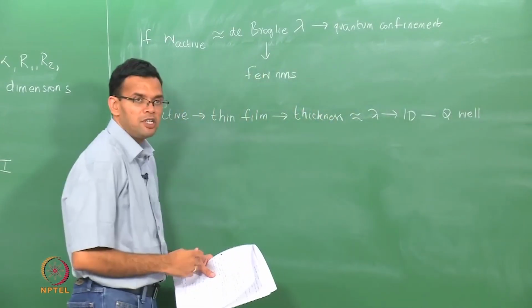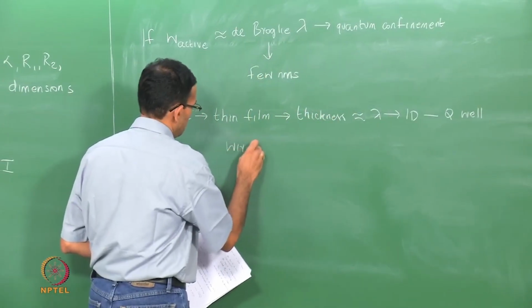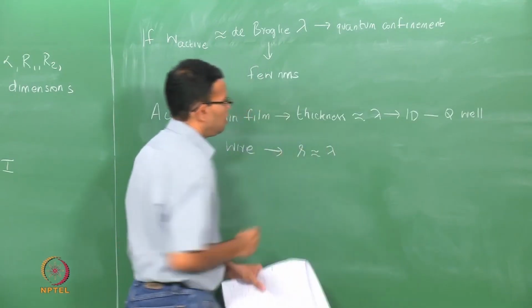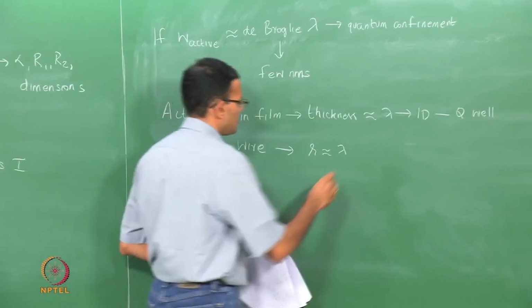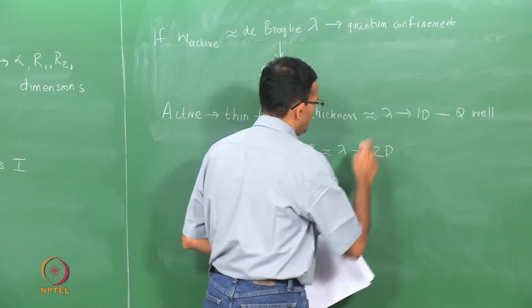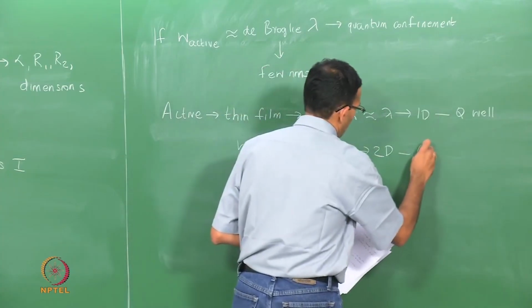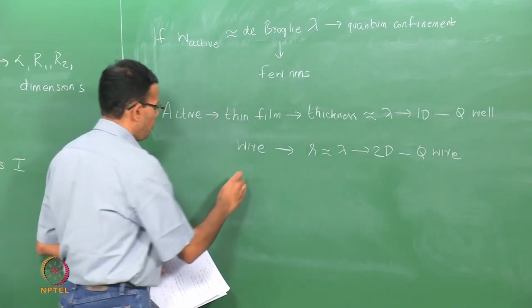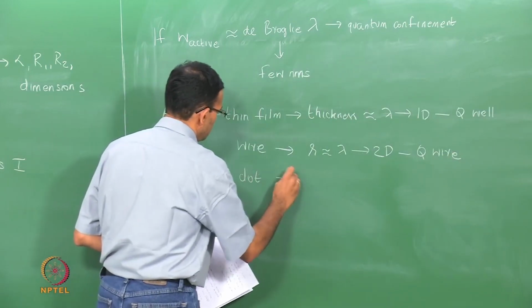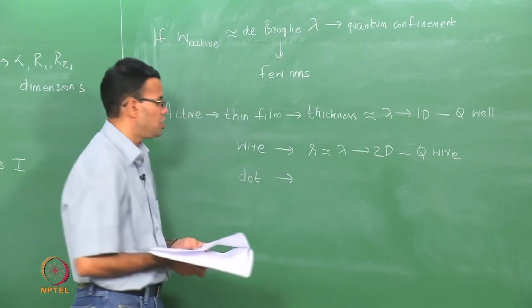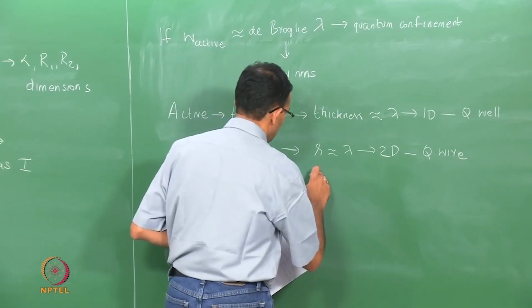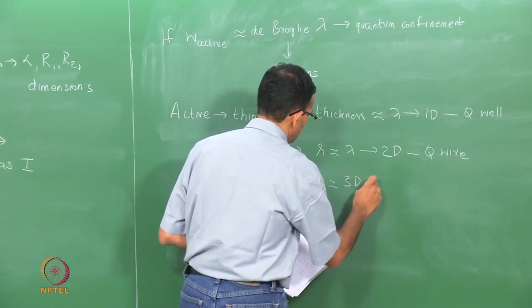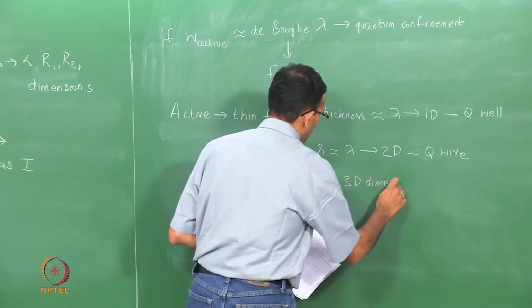On the other hand, if it is in the form of a wire, where the radius of the wire is of the order of lambda, that is a case of 2D quantum confinement, that is your quantum wire. And if it is in the form of a dot, then all 3 dimensions are of the order of lambda.